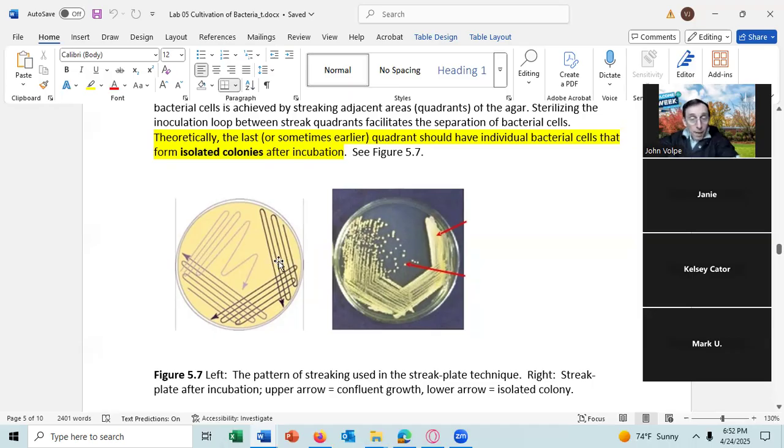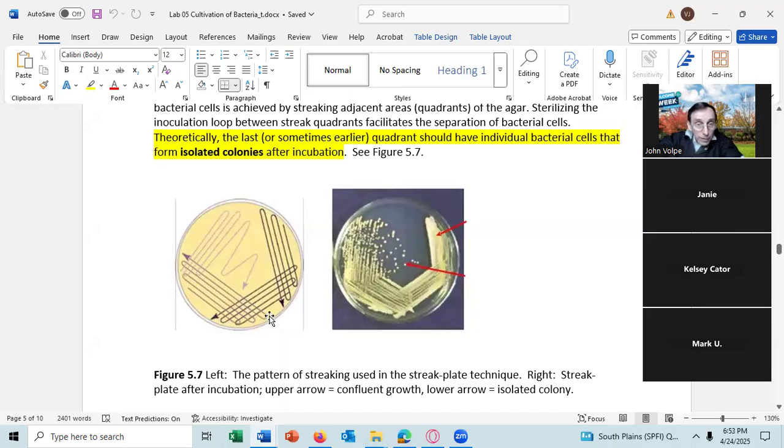And when you streak out, it'll be very heavy on the first streak or 2, and then it'll be a little bit lighter because you're getting some dilution as you're streaking out the plate, so that this region will be lighter than there. And then you sterilize your loop to remove the bacteria from the loop. And then you start streaking out quadrant 2.